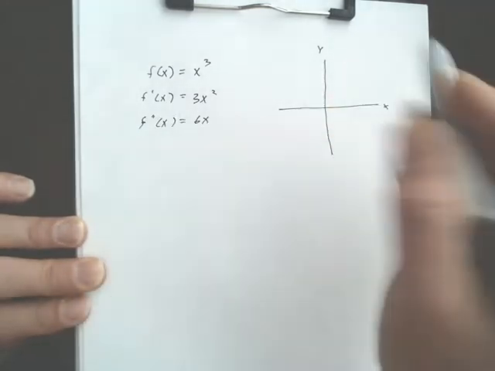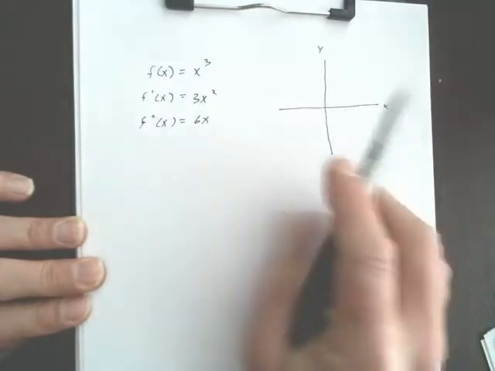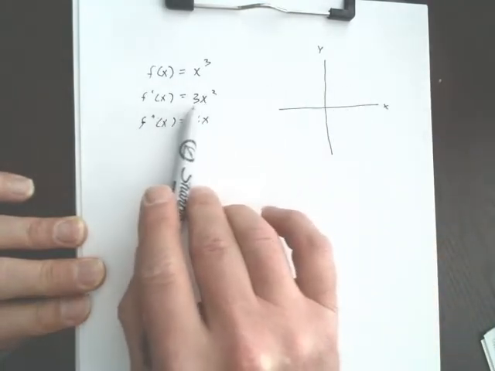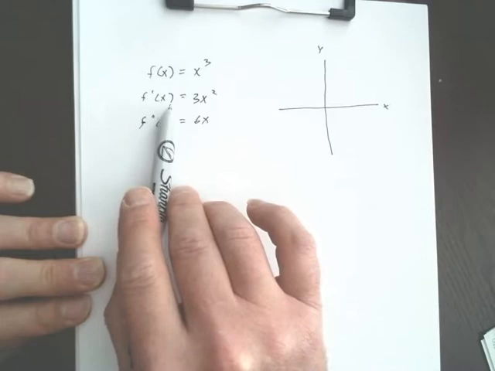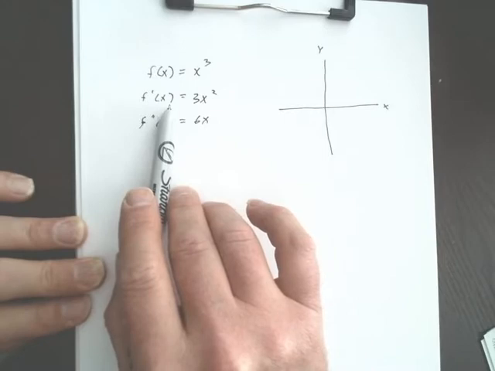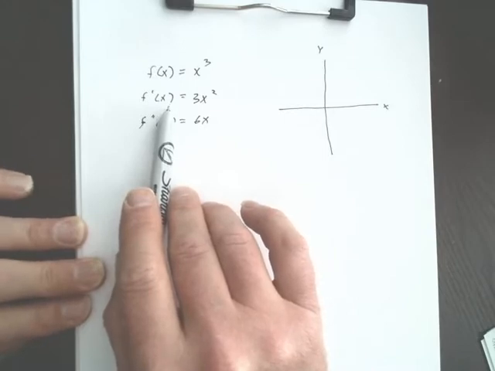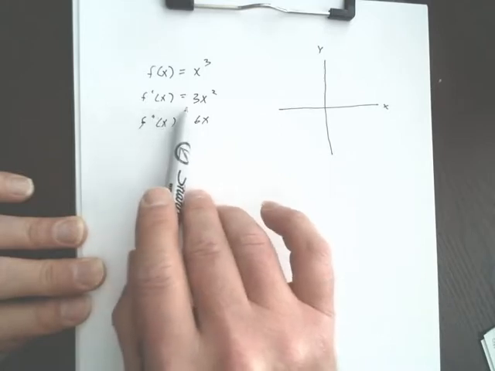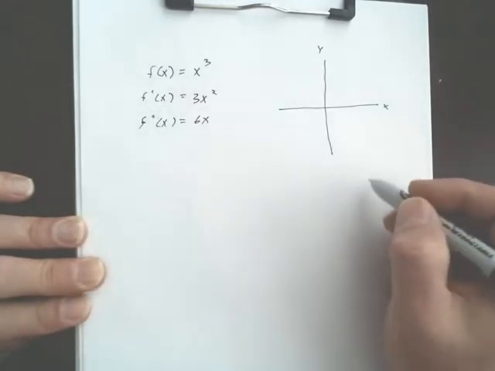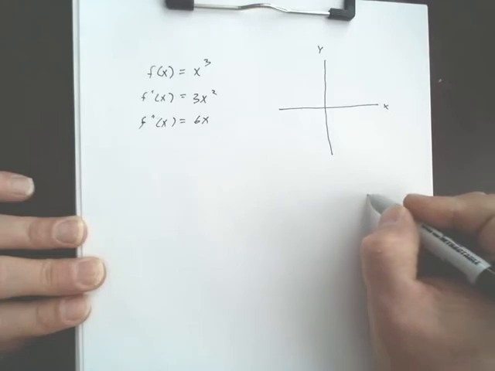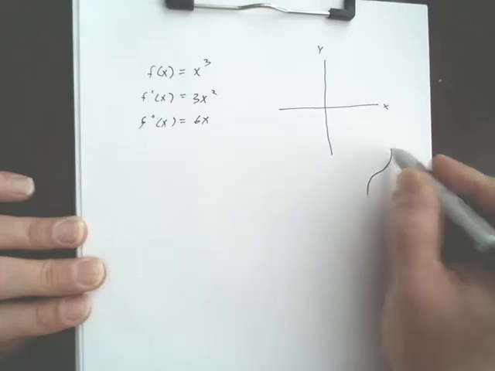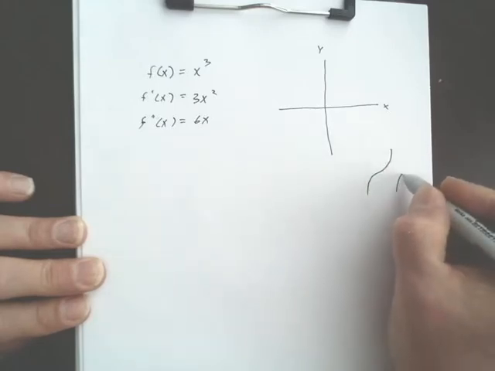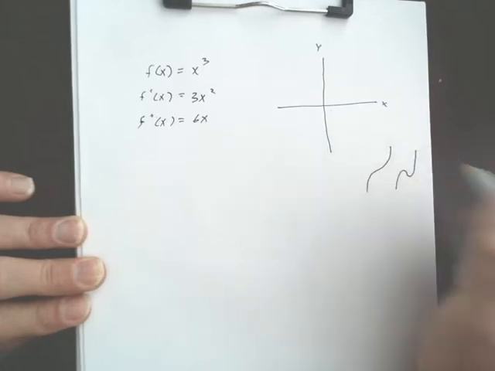Now, do we have slopes that change? In other words, do we have a max or min involved in this function? In other words, does this function look like this where it's nice and smooth, or does it look like this where it's kind of humpy?